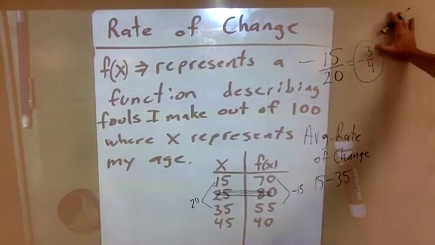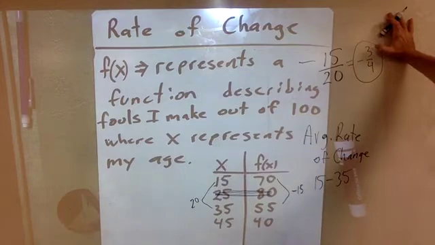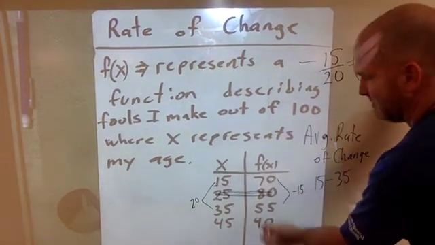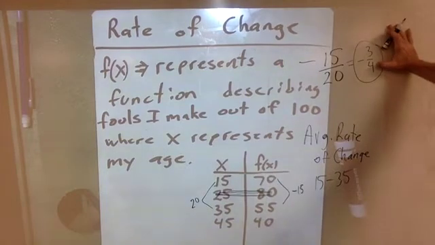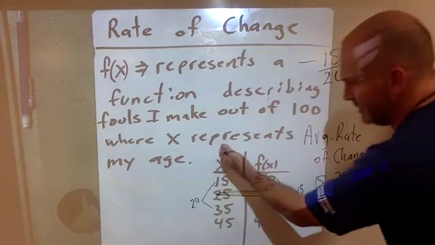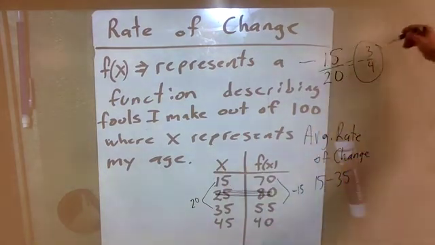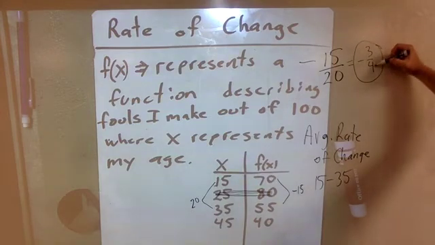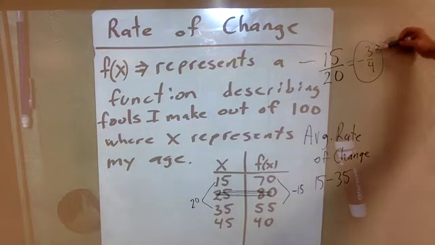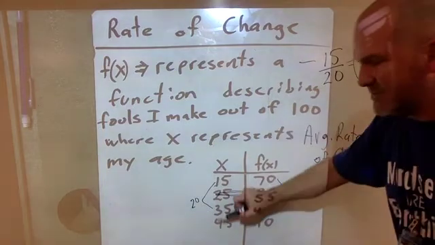What this is saying is y represents the rise, the shots made. 4 represents the run, the age. So this is saying 3 shots every 4 years, but it's negative. So it actually means that I'm getting 3 shots worse every 4 years on this average span of time.